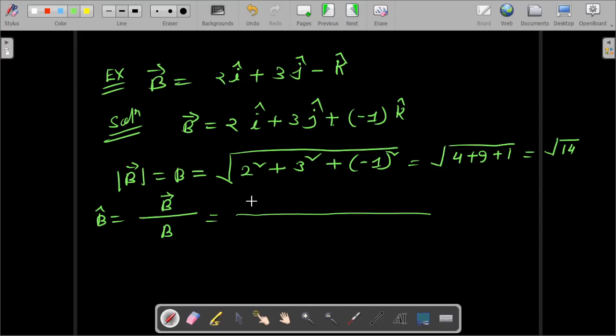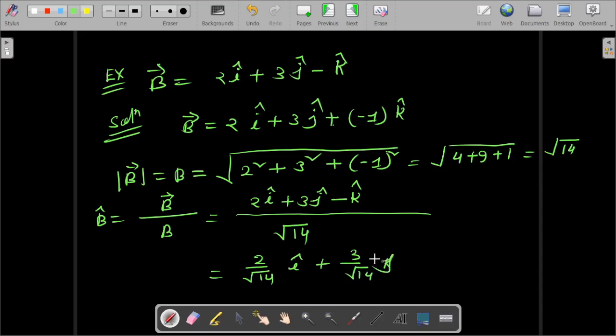The given vector is 2 i cap plus 3 j cap minus k cap, divided by its value. The value is root of 14. So it is 2 by root of 14 i cap plus 3 by root of 14 j cap minus 1 by root of 14 k cap.